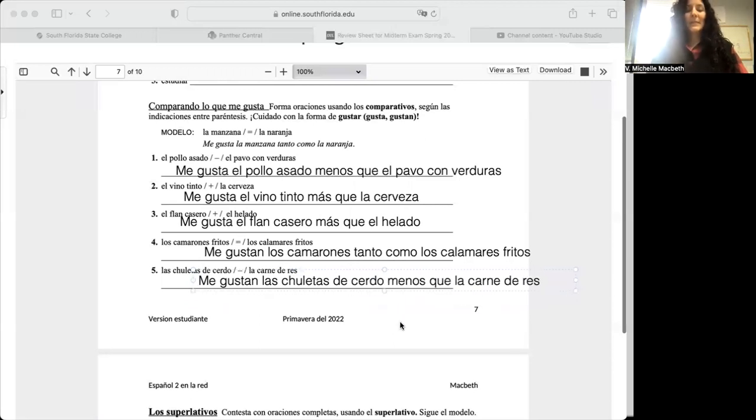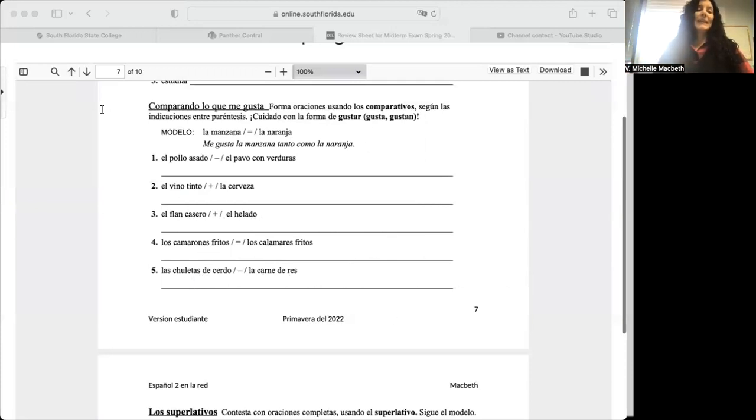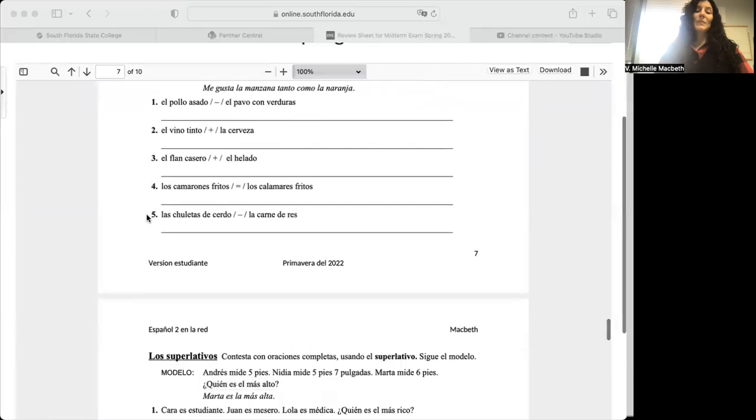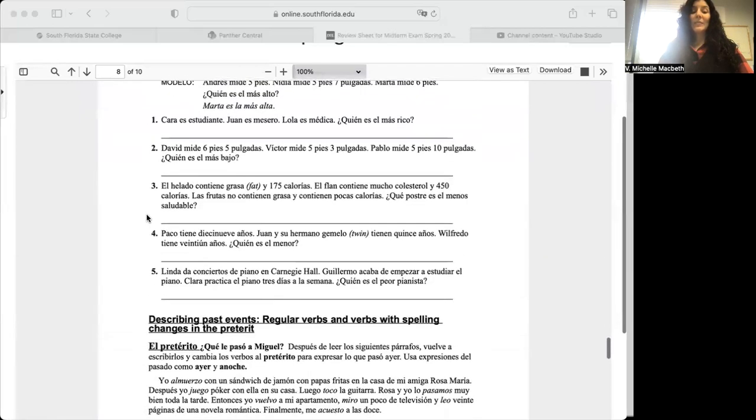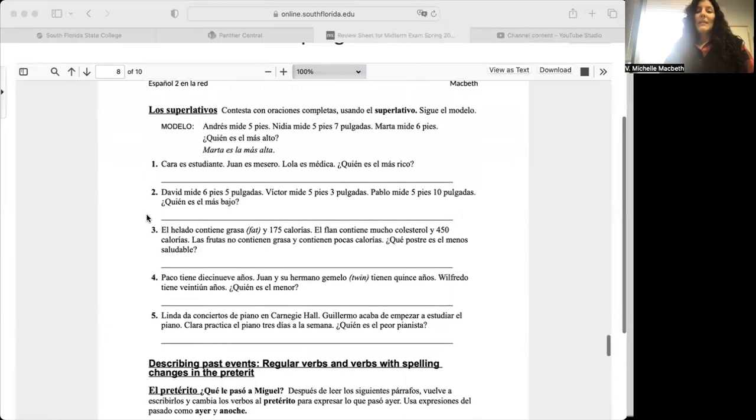Okay, there we go. All right. So again, when we're comparing actions, remember it's formulated slightly differently, right? The más que or the menos que or the tanto como becomes all kind of one singular phrase. Okay. And again, in this instance, it would be because we're comparing an action of liking something to something else.